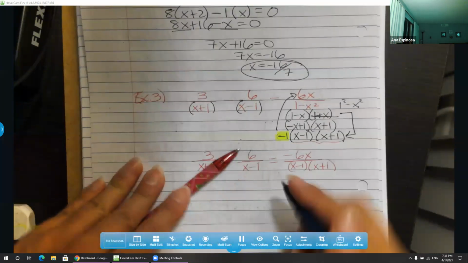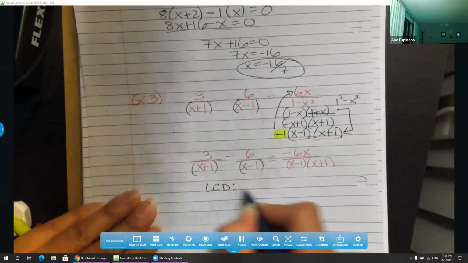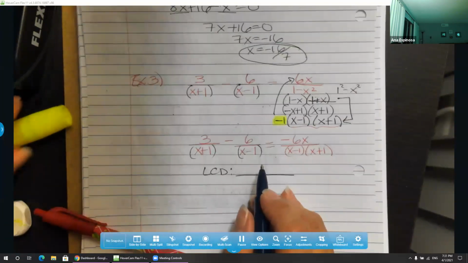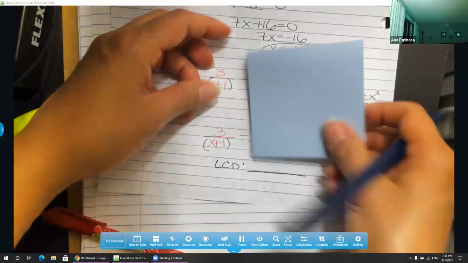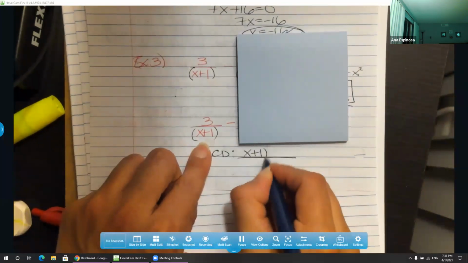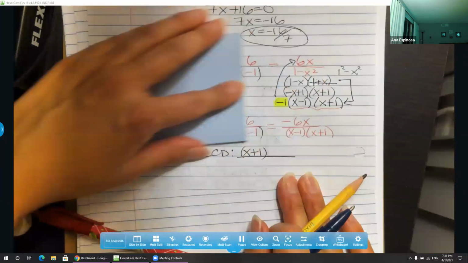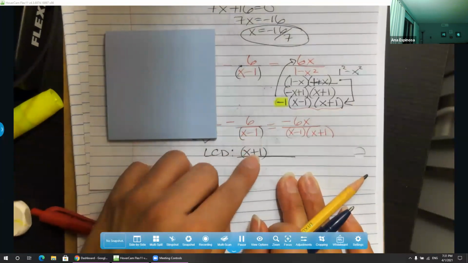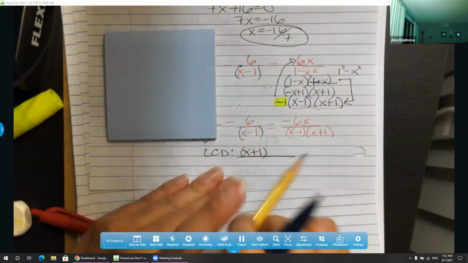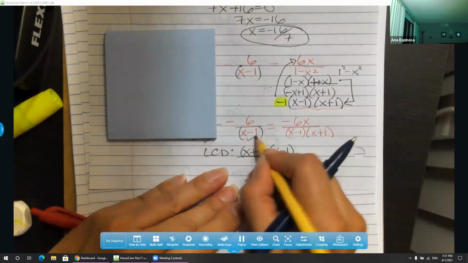Now these match, so when I compose my LCD, I start with the first one, copy and paste. Boom, accounted for. Go to the next one. Do I have an x minus 1 group on my line? The answer is no. Boom, that's accounted for.